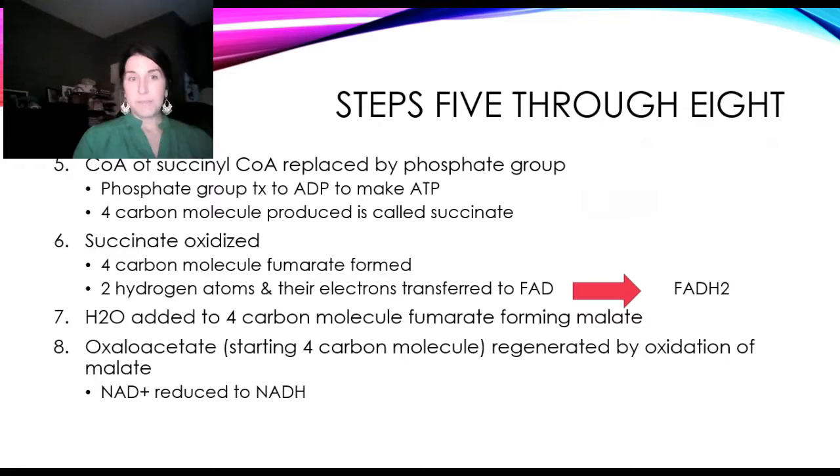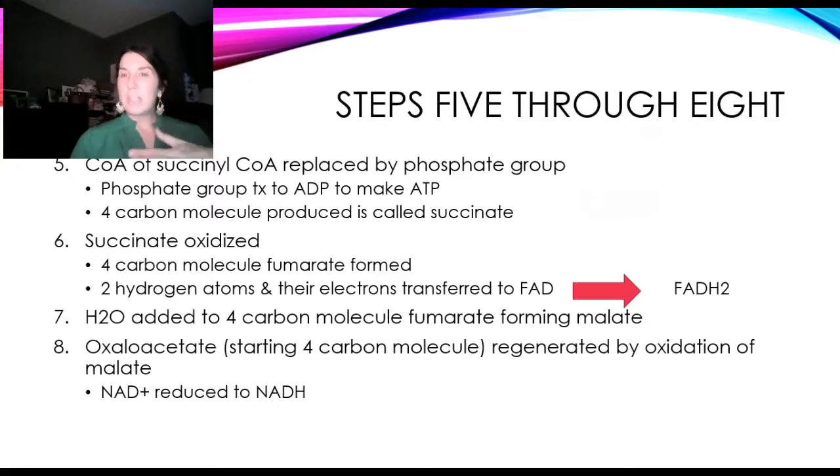In step 7, water is added to the fumarate molecule that we just formed in step 6, and ultimately we end up with malate. Oxaloacetate, which is of course what we started with, that 4-carbon molecule that we added the 2-carbon molecule acetyl-CoA to, is regenerated by oxidation of malate. And we get another reduction reaction of NAD to NADH.